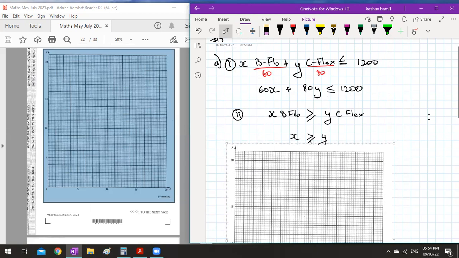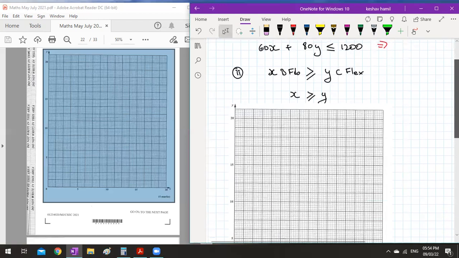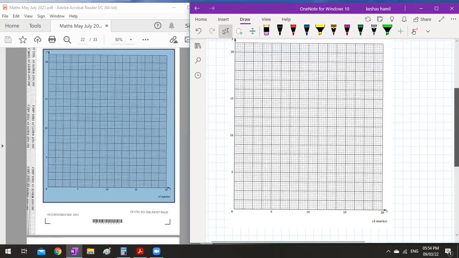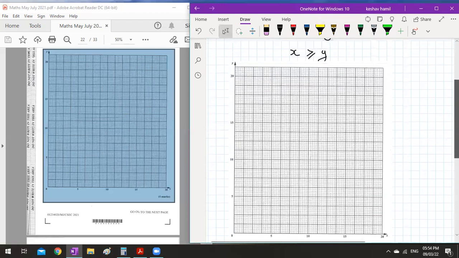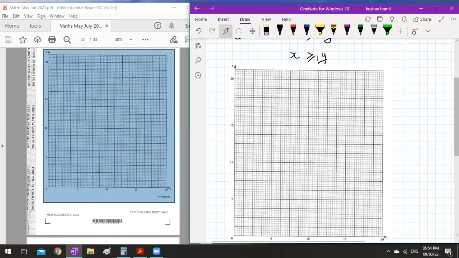In order to draw this function, we need to make it in terms of x and y. We'll make the y on one side. Now, x is greater than y. You have to consider when x is equal to y. X equal to y means that if this is 1, this is 1. If this is 5, this is 5.